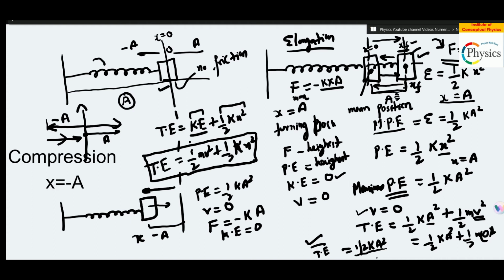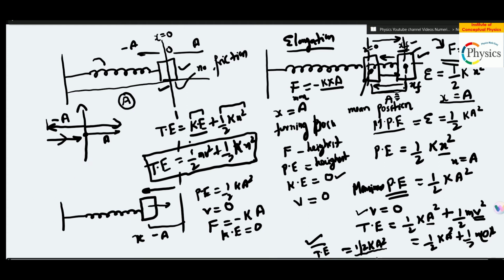Now let's talk about this particular stage, the equilibrium. I talked about elongation. I talked about compression, so this was state number 2. Now I will give you state number 3, where you're at the mean position. Now you're coming back after compression and elongation.